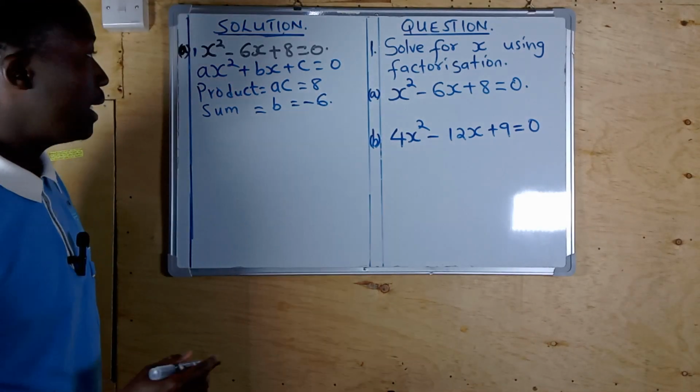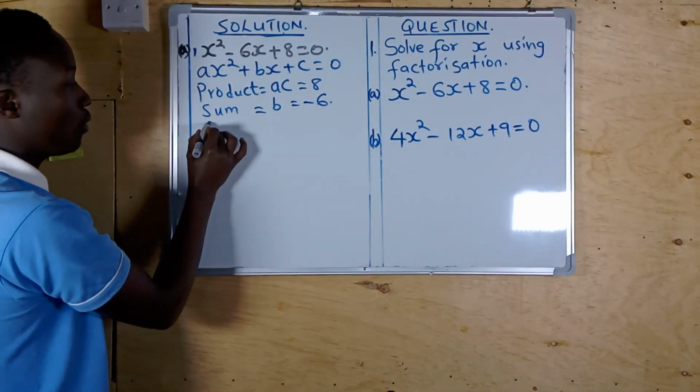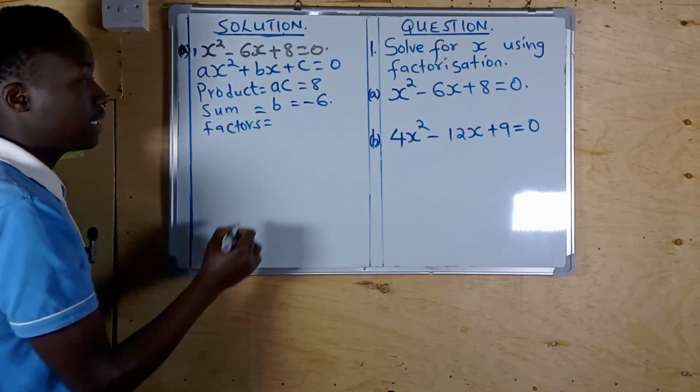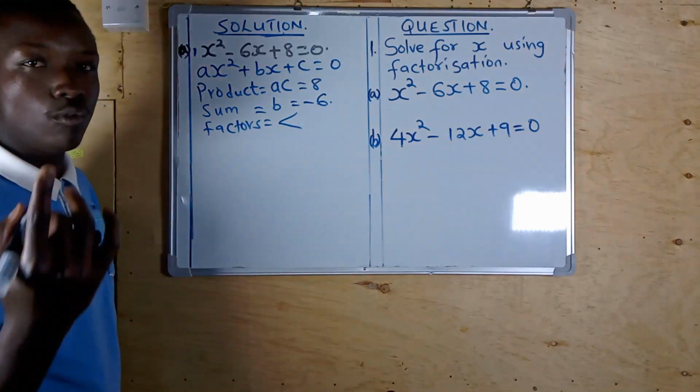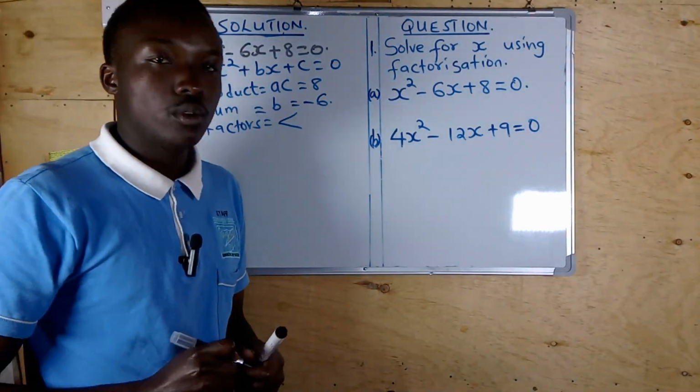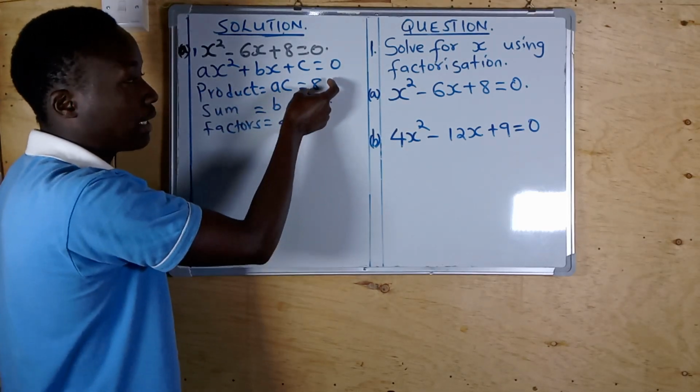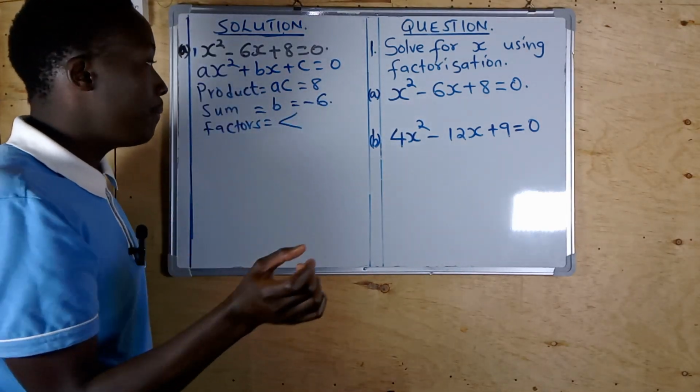After getting the product and the sum, we are supposed to get the factors. We need to get two factors in which, note this, the product of the two factors is 8, and the sum of the two factors is negative 6.